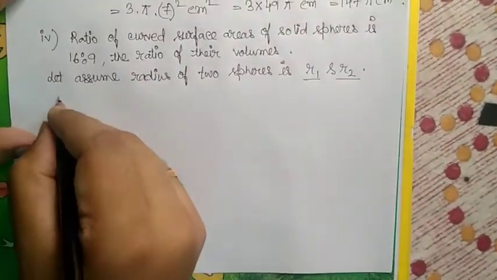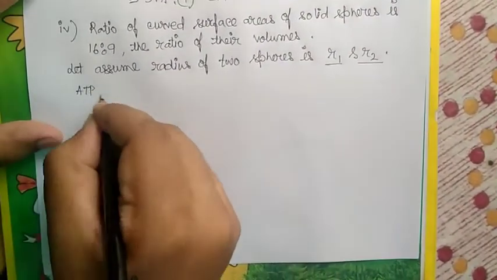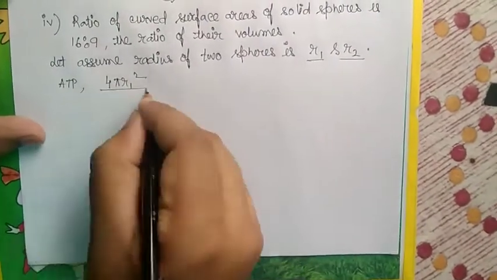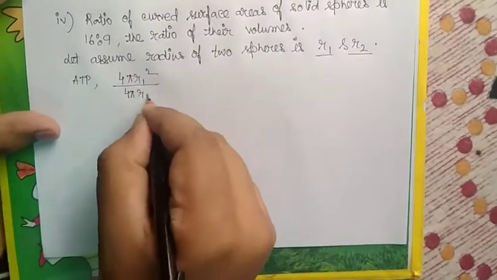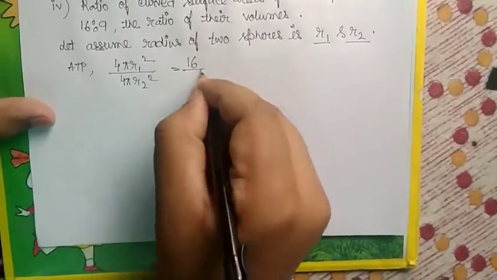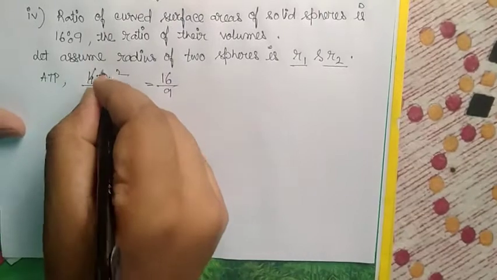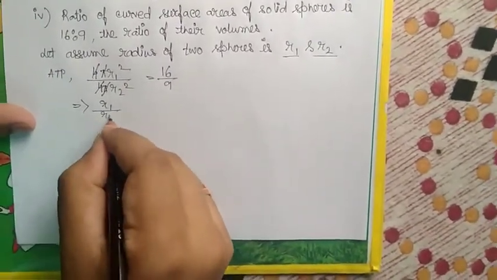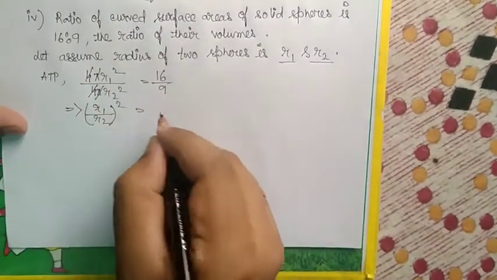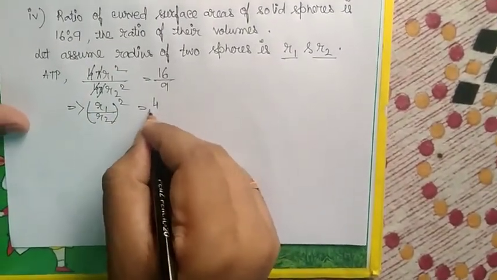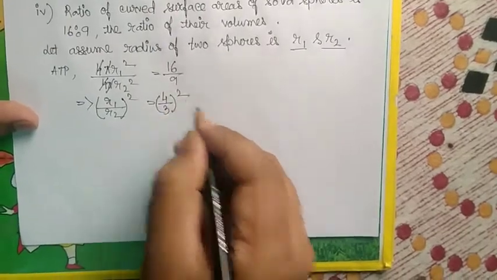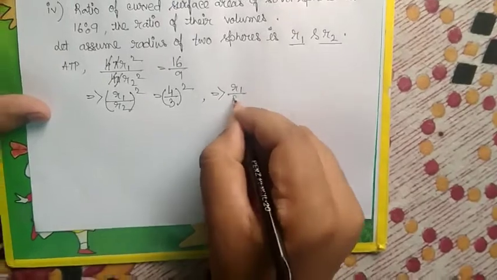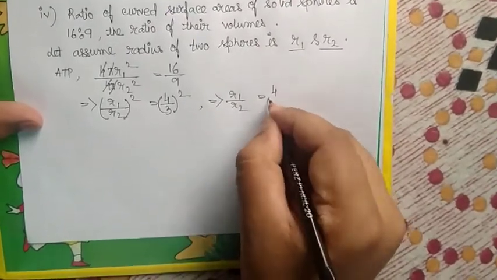So according to the problem, 4 pi r1 square by 4 pi r2 square equal to 16 by 9. Eliminate those. So we get r1 by r2 whole square equal to 4 by 3 whole square. So we get r1 by r2 equal to 4 by 3.